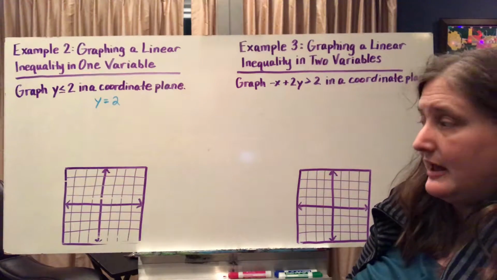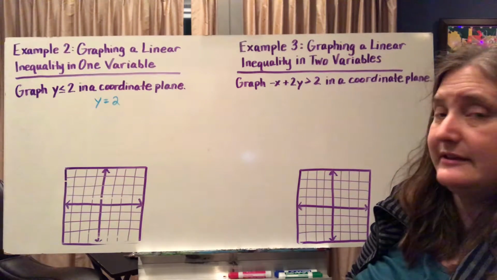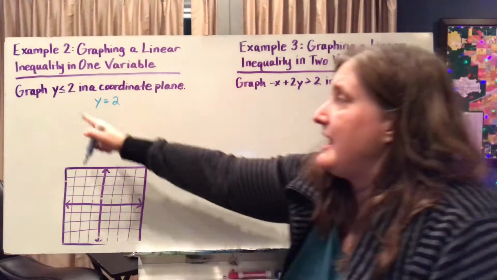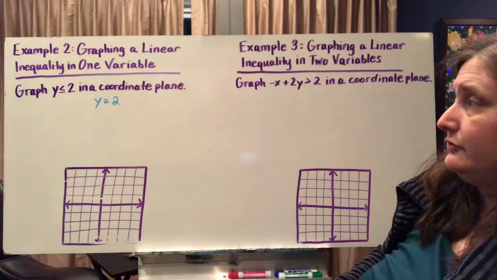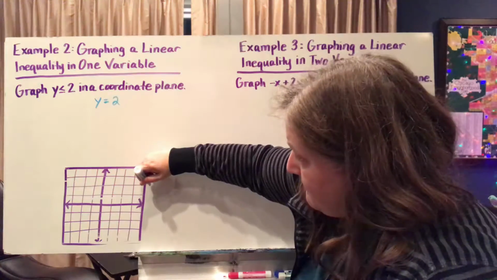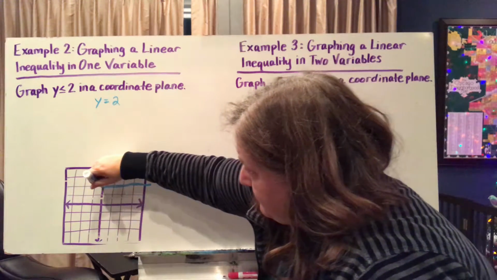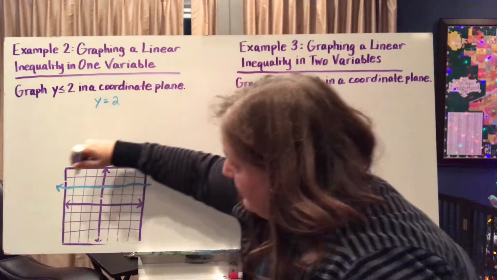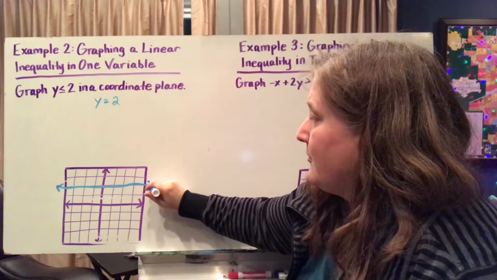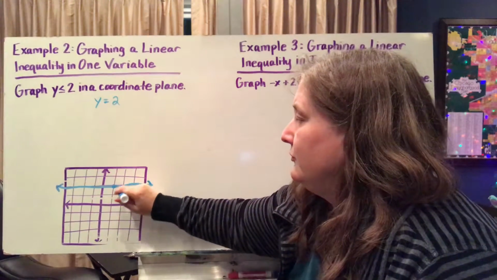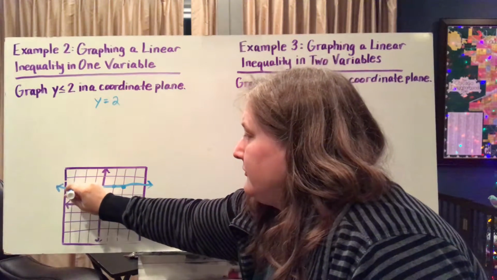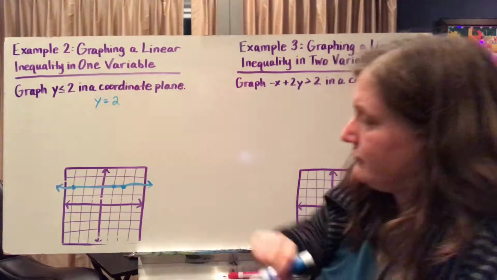When I find that line, I'm going to graph it as a solid line because I have the equals to here. So y equals 2 would be this line right here. It's anything where y equals 2. So 1 comma 2, 2, 2, -3, 2. So anything on that straight line.